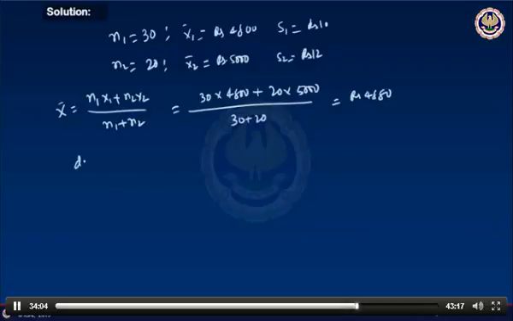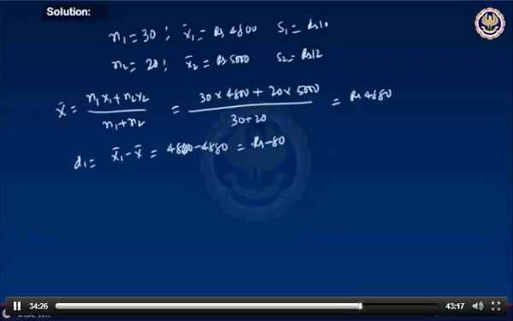Now D1 equals X1 bar minus X bar, which is 4880 minus 4800, which is rupees minus 80.